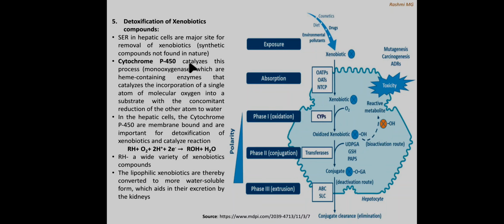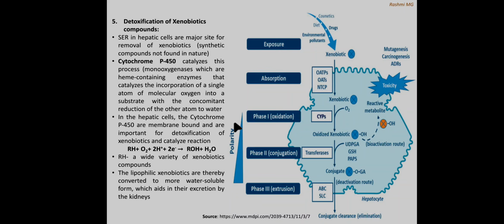So cytochrome P450 catalyzes this process. These are monooxygenases, which are heme containing enzymes that catalyze the incorporation of a single atom of molecular oxygen into the substrate with the concomitant reduction of the other atom to water.